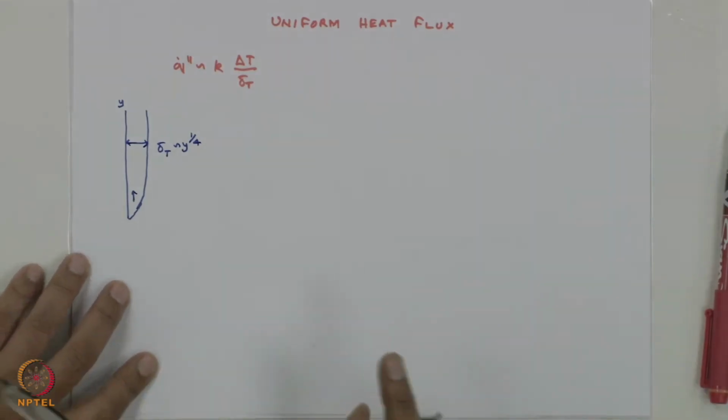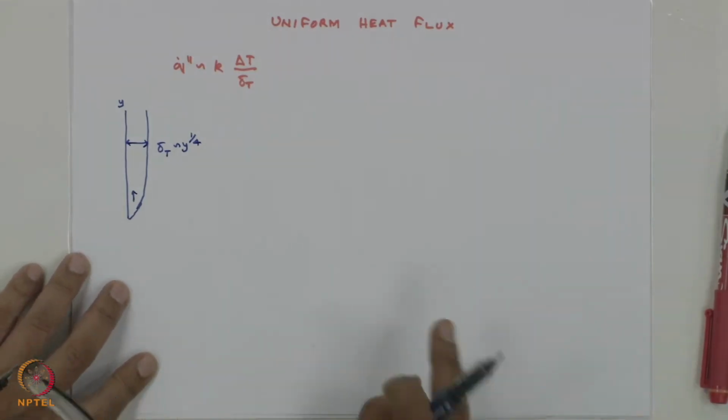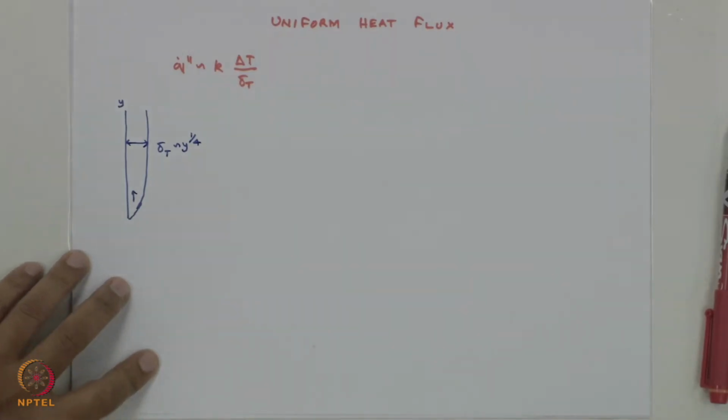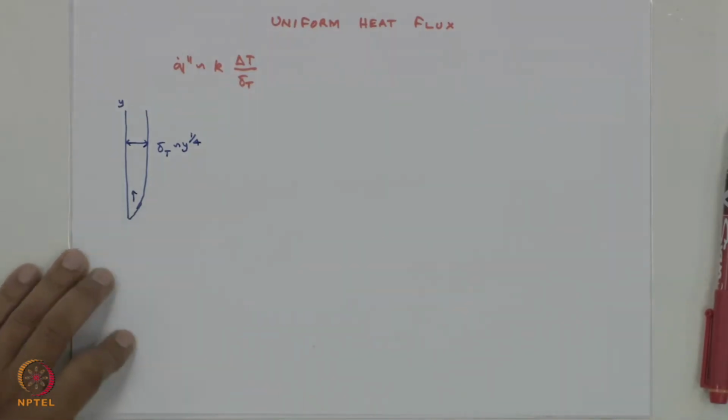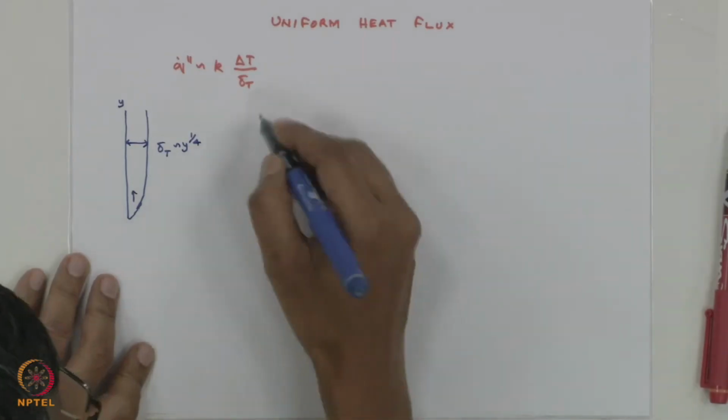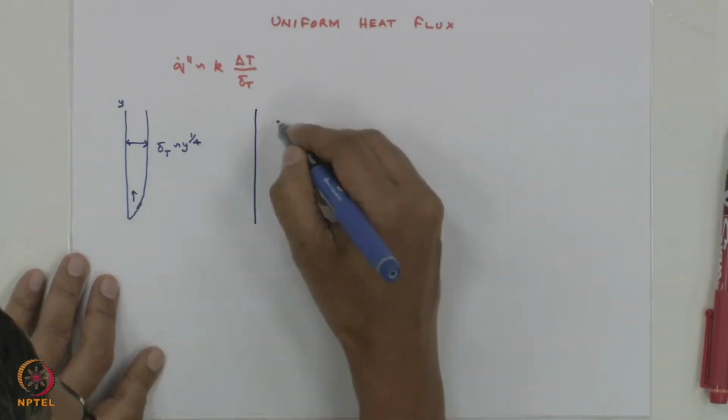That means it is H to the power of 1 by 4. So delta T is of the order of H cube, minus 3 by 4 plus 1, that is you get 1 by 4. So delta T is of the order of Y to the power of 1 by 4. Now the heat flux, what would be the heat flux?